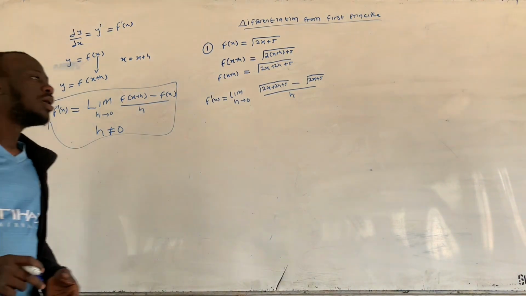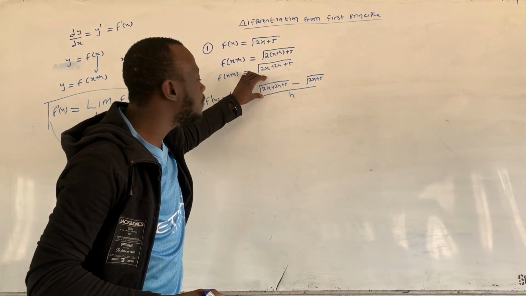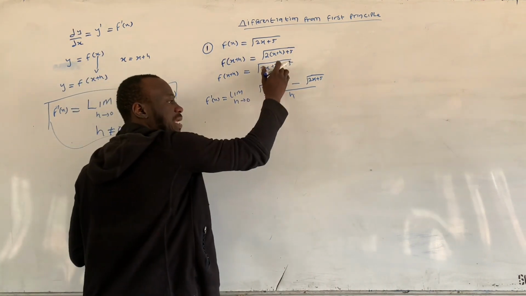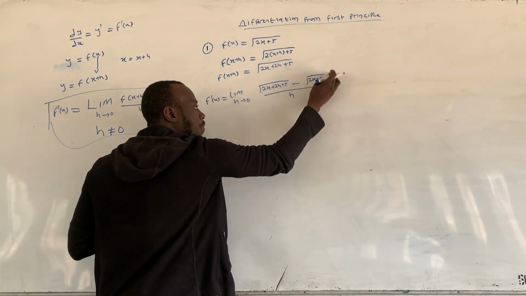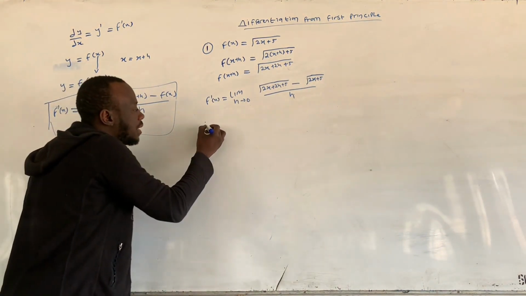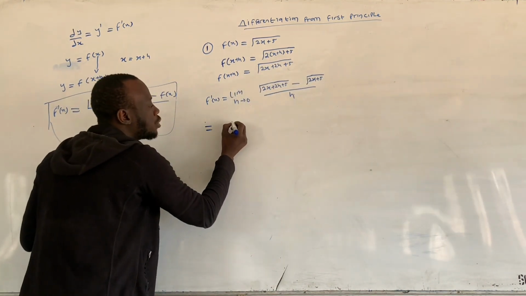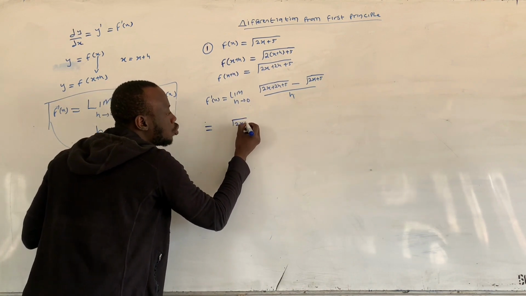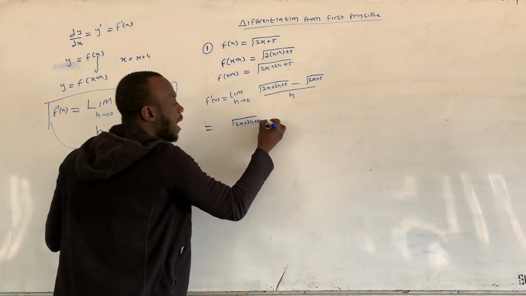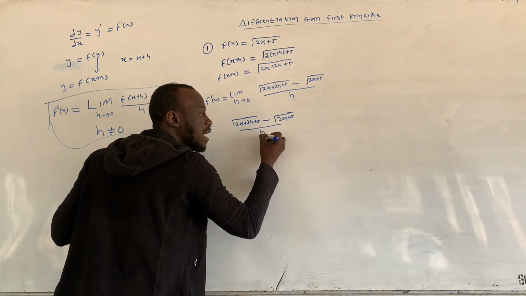So now we can solve this because this becomes something that we call surd. So meaning we have to use rationalization and conjugation of surd to solve this very question. So this here becomes, here I'm going to remove this so that I can solve this question. Root 2x plus 2h plus 5 minus root 2x plus 5 all over h.